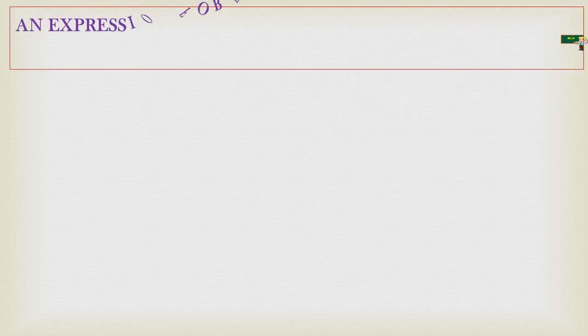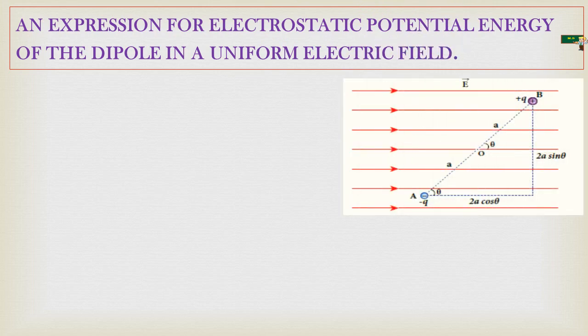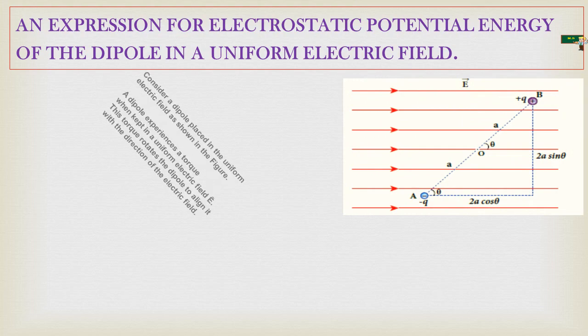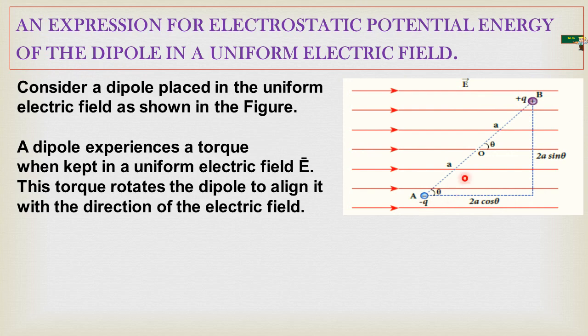Let's see an expression for electrostatic potential energy of the dipole in a uniform electric field. Let's move to the diagram. Here you can see the minus q and plus q, both lie in an electric field.